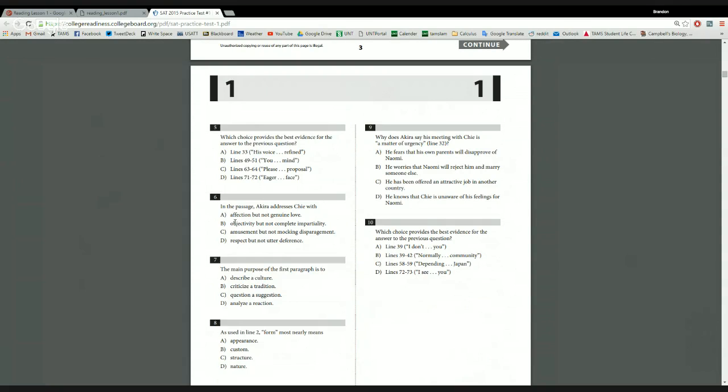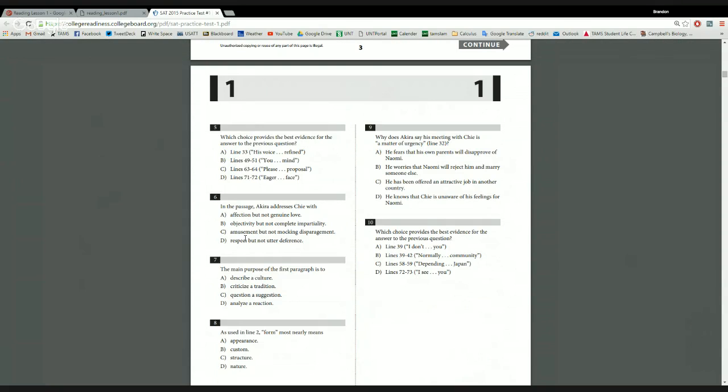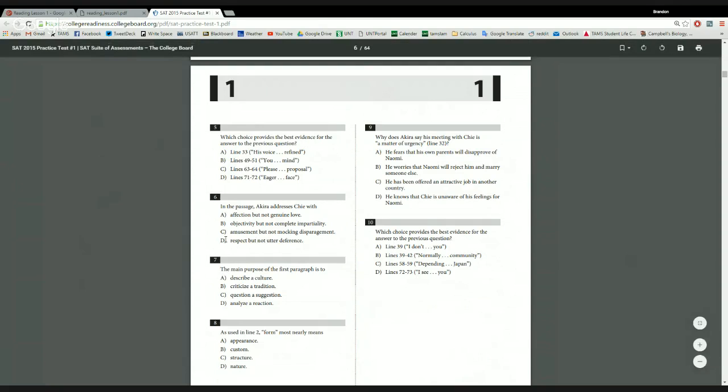You can't gain that from the text either, so that's incorrect. C, amusement, but not mocking disparagement. There's definitely not mocking disparagement between the two, so that's a little harsh. So that's not right. And D, respect but not utter deference. As I said before, you could just tell based on their interaction that he was quite respectful. And what do you know? The answer choice is D, respect but not utter deference.